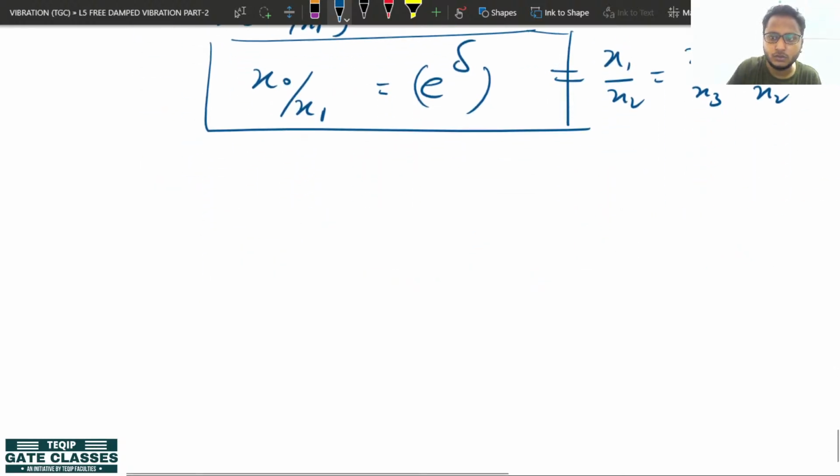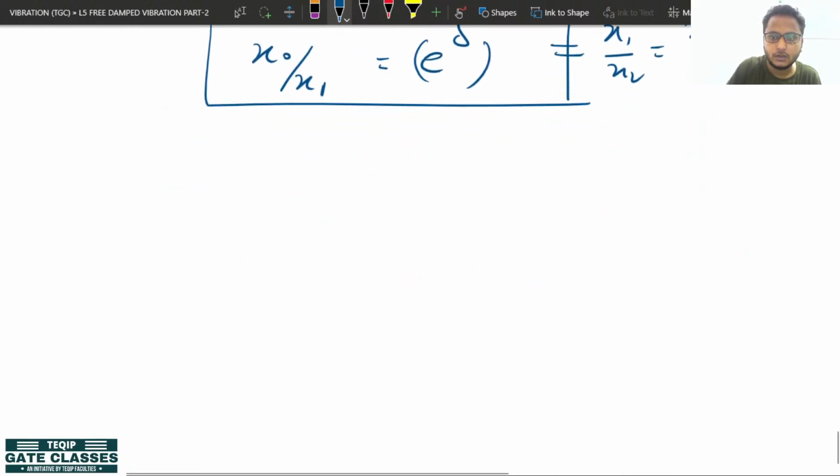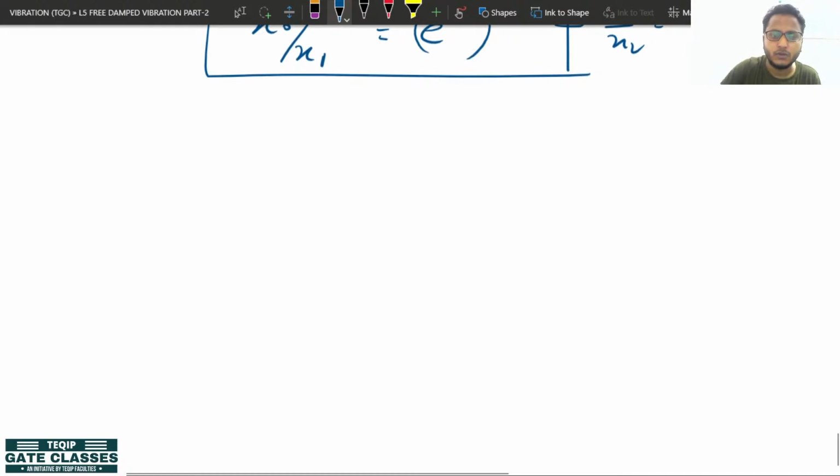So I'm going to make the formula for logarithmic decrement so that we can apply it whether we measure at the start of the cycle or the end of the cycle, first cycle or second cycle. So we have to draw the decrement diagram again.